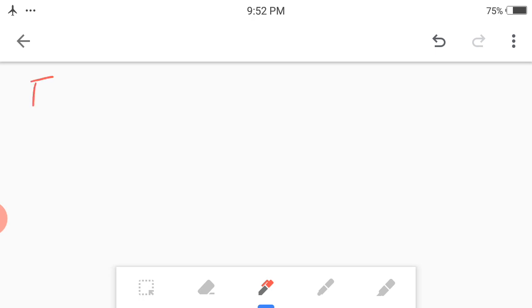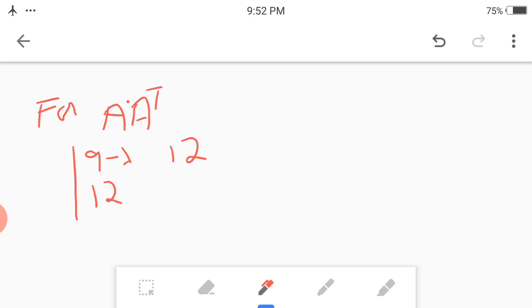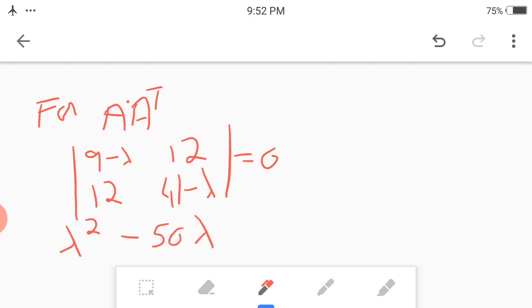So for A A transpose, let us solve the eigenvalues, that is 9 minus lambda, 12, 12, 41 minus lambda should give you 0. So the quadratic equation comes to lambda square minus 50 lambda plus 225.